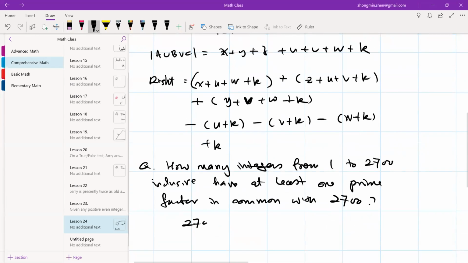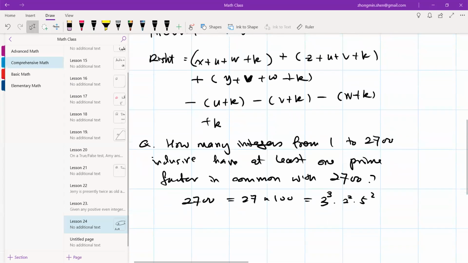2,700, I can factor it. It's going to be 27 times 100. 27 is 3 cubed, right? And 100 is 10 squared, so 2 squared and 5 squared. So the prime factors are 2, 3 and 5.